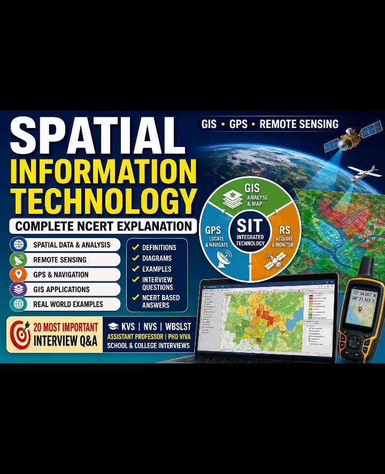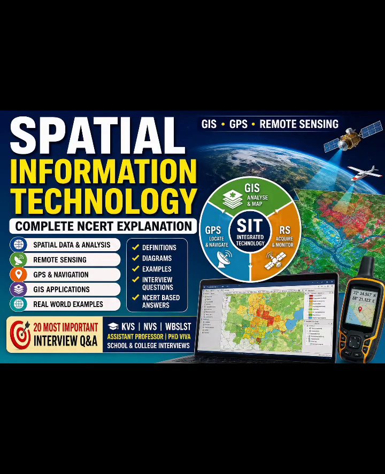What do you understand by Spatial Information Technology? So Spatial Information Technology is an integrated technology used to collect, store, retrieve, analyze, manage and display geographically referenced information. It combines geographical information system or GIS, global positioning system or GPS, remote sensing, digital cartography and database management system.